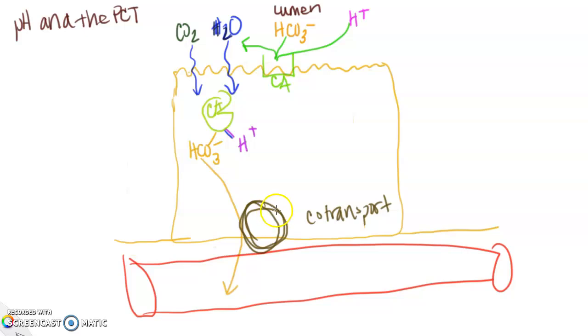But this is a co-transporter, so it's got to bring something in with it. And what it does is it brings sodium with it. And sodium comes from the luminal edge, where there is a transporter that allows for the exchange of hydrogens and sodium.